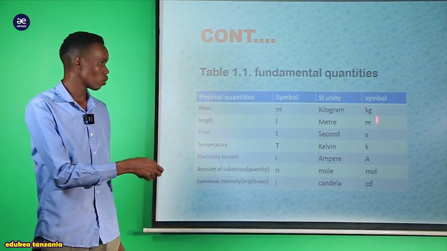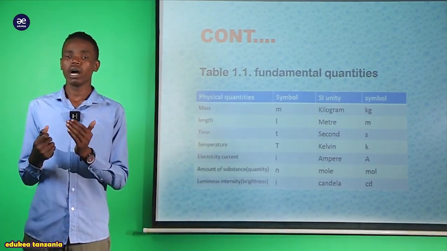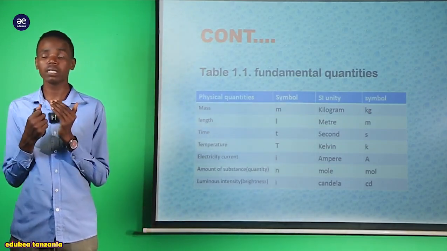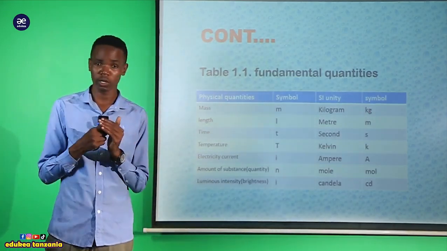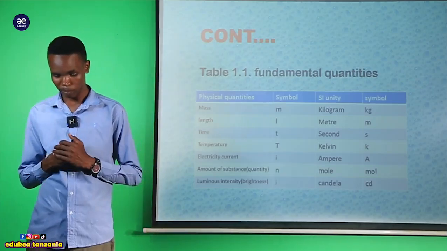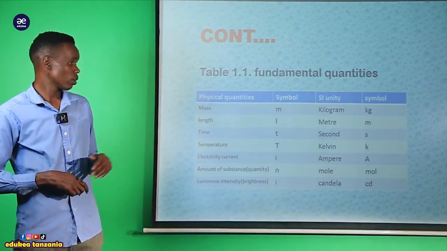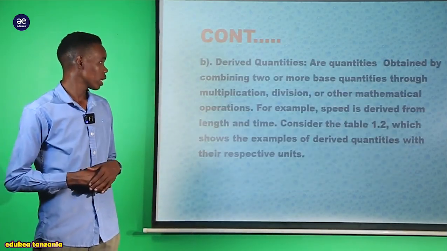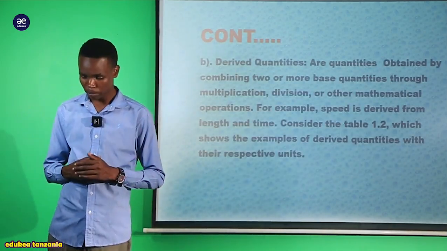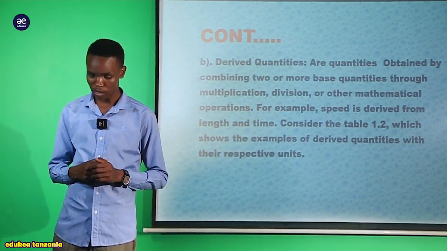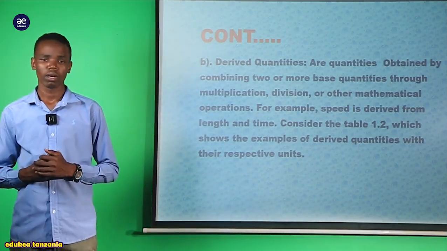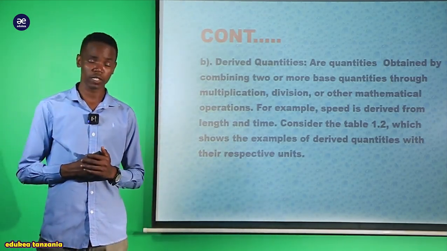But the fourth column, my dear student, represents the symbol of the unit of the physical quantities. So after there, let us go and see another type of the physical quantities.